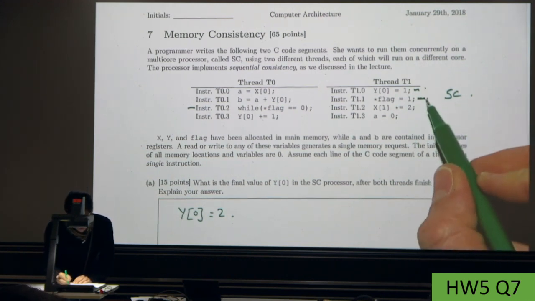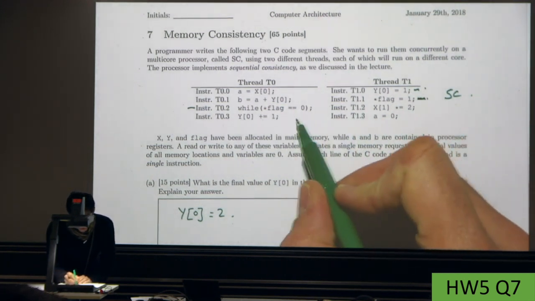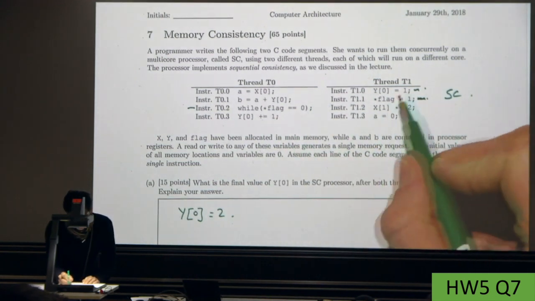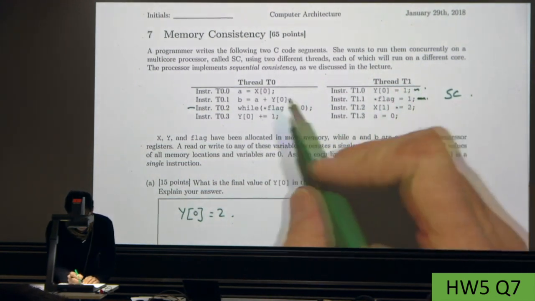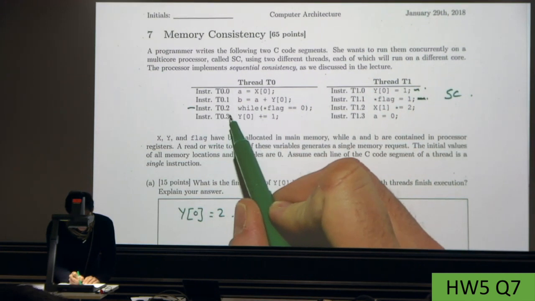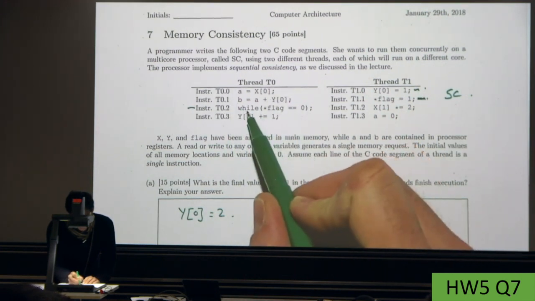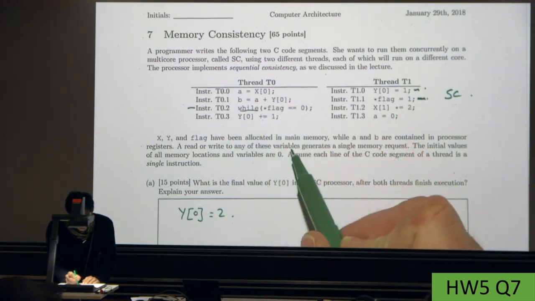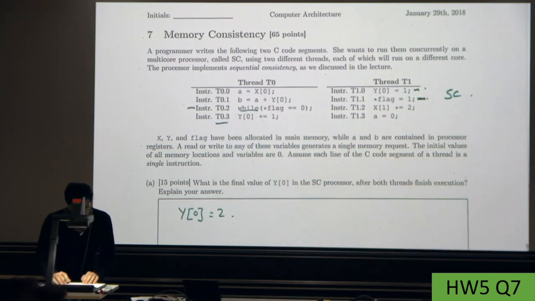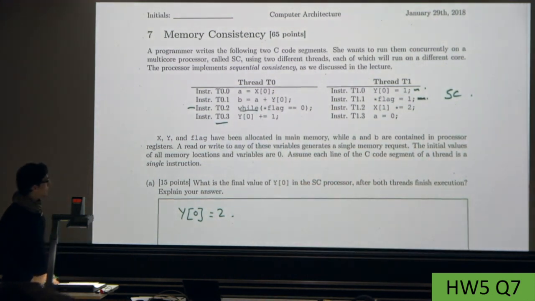Because of that, the next thing to happen is that after T1 sets the flag, thread 0 can leave this while loop and then execute instruction T03, and the final result will be equal to... Make sense?